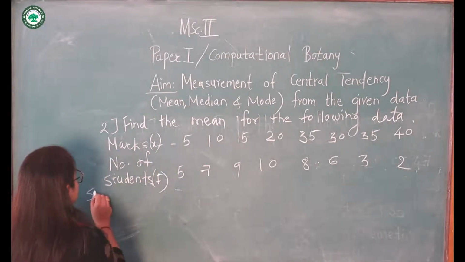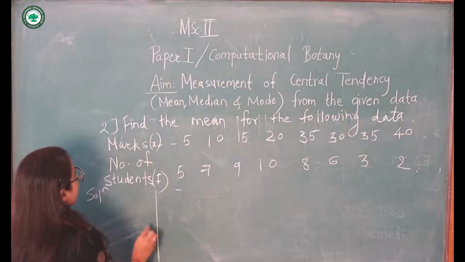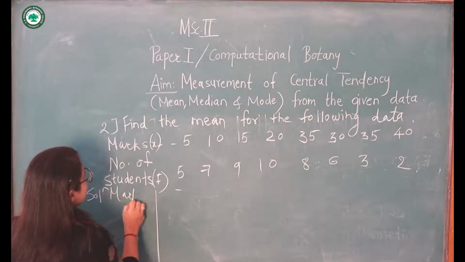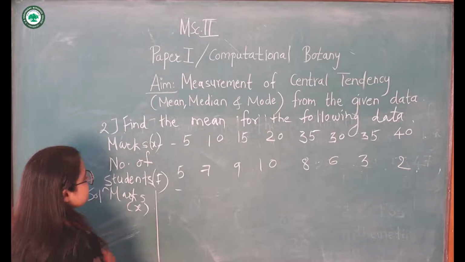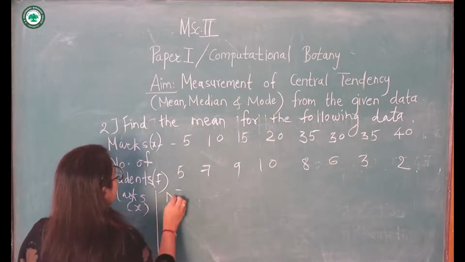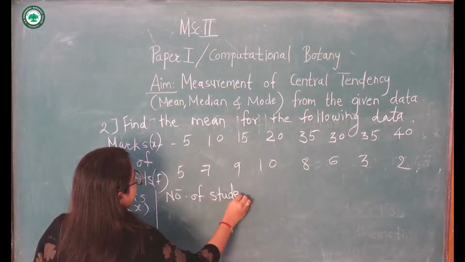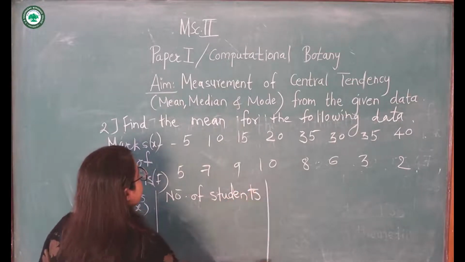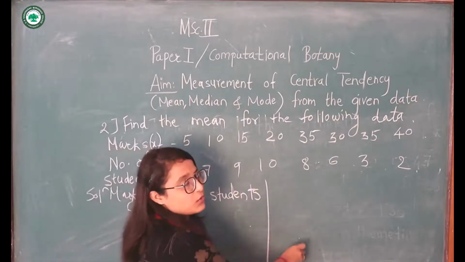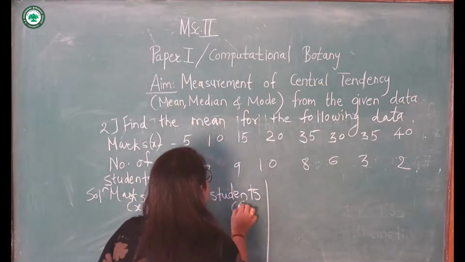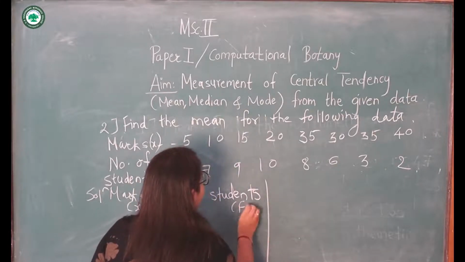In the solution, you have to make columns. The first one is for marks, the next is for the number of students, and the next column is for summation fx.